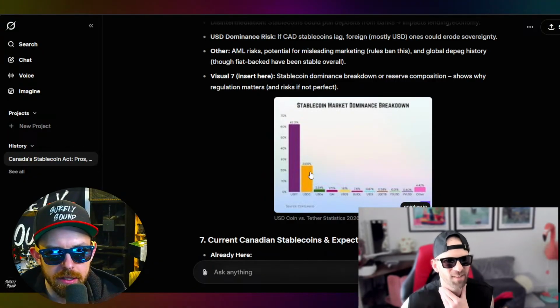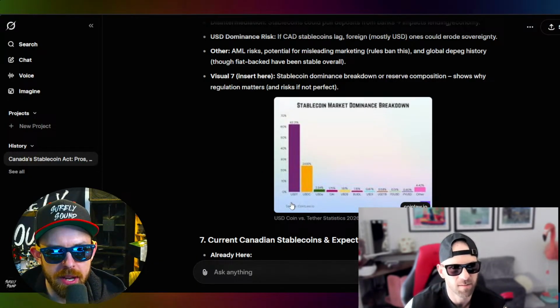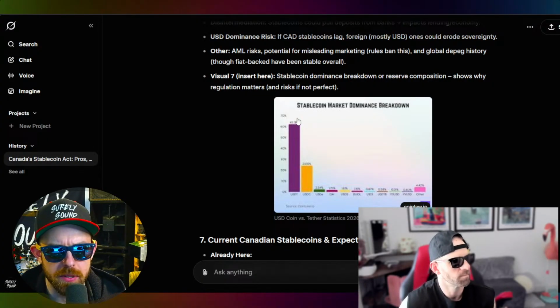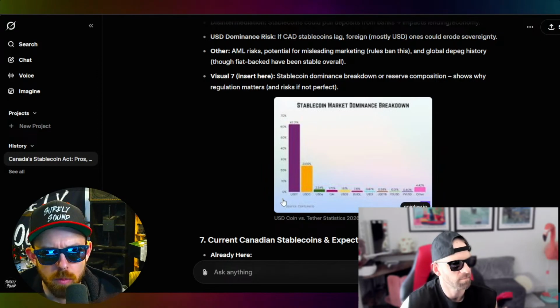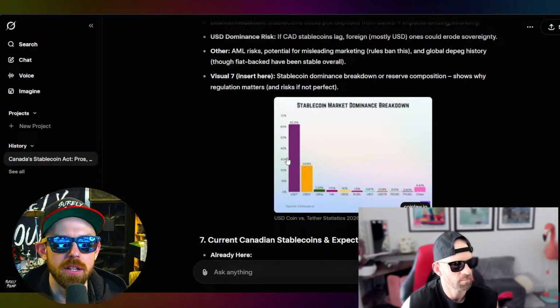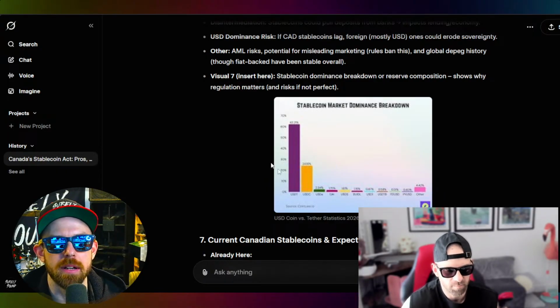This is interesting. The stablecoin market dominance breakdown, USDT. It's hard to read because it was a small thing, but it looks like over 60% is USDT, which is why I tell people to trade in USDT, understand USDT, try and use USDT more than any other stablecoin, because it is the most decentralized stablecoin that anyone can use.